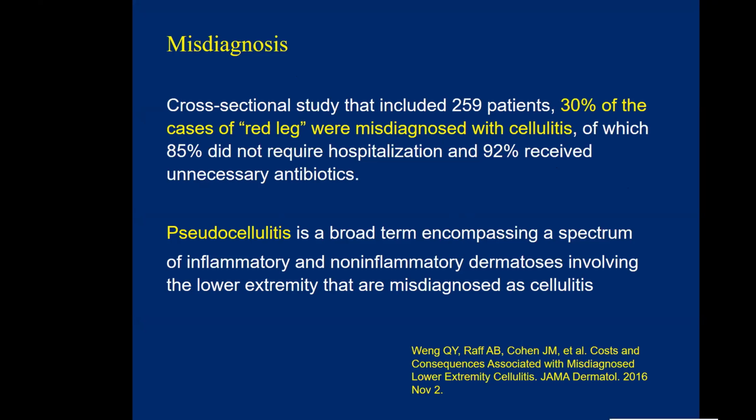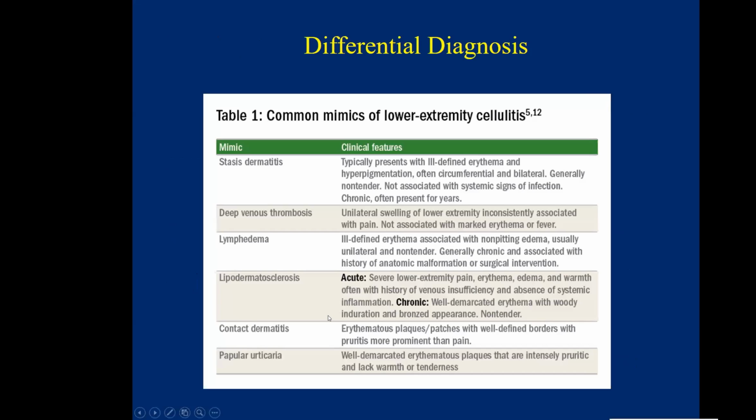So there's this term called pseudocellulitis, which is a broad term that encompasses inflammatory and non-inflammatory problems that can look like cellulitis, and there's a bunch of them. So the most important ones, I'm going to touch upon three.